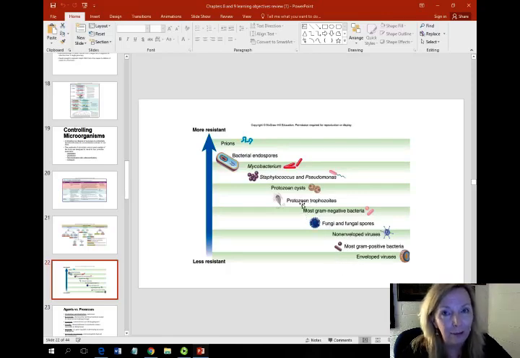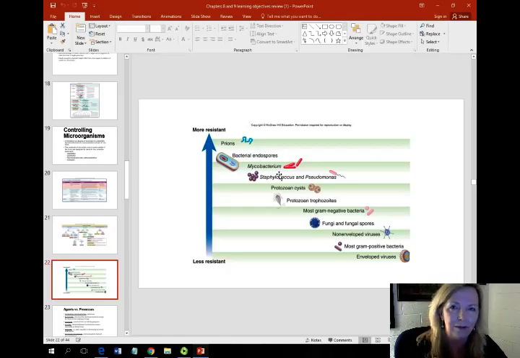Some fungi and protozoa, which are eukaryotic organisms, are also pretty easy to destroy. Some bacteria, though, especially acid-fast bacteria like Mycobacterium, or bacteria like Clostridium and Bacillus that have spores, can survive incredibly harsh environments.